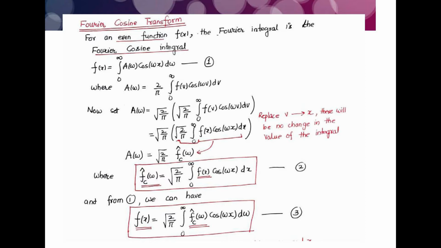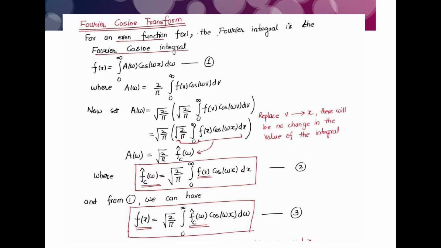Then the Fourier integral is the Fourier cosine integral, and it can be represented by equation 1: f of x is equal to the integral from 0 to infinity of a w cos of wx dw, where a w is given by 2 upon pi, integral from 0 to infinity of f of v cos of wv dv.